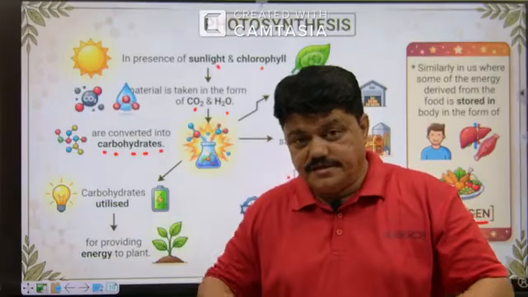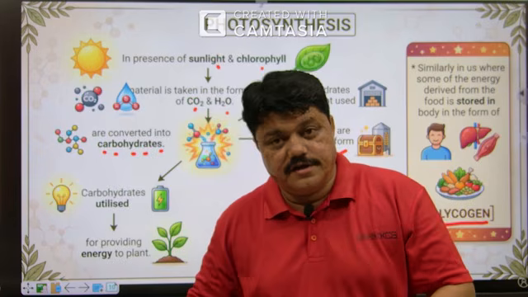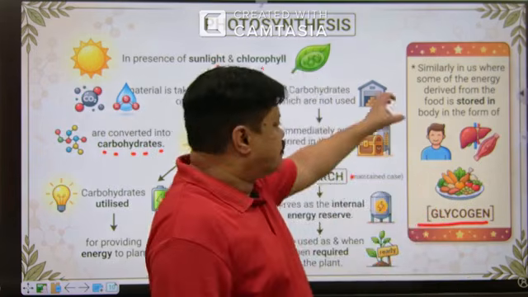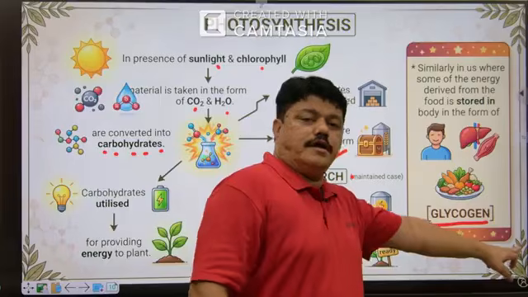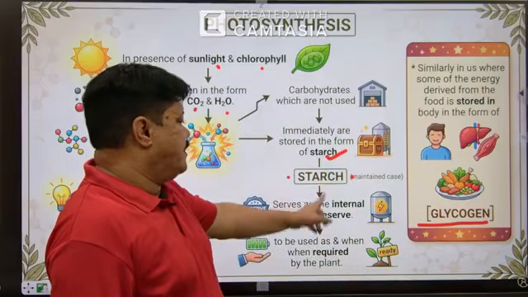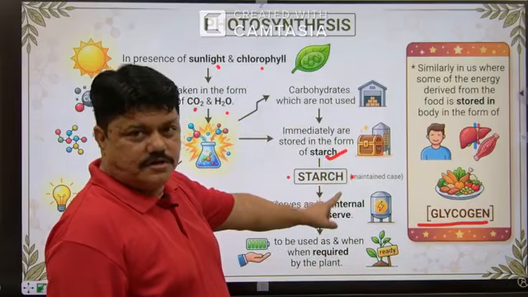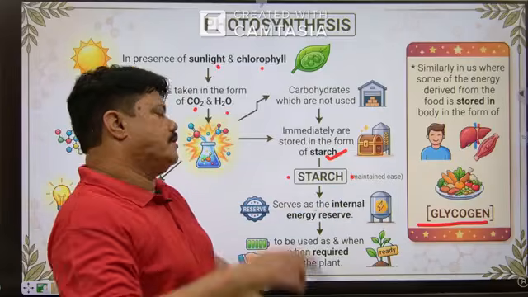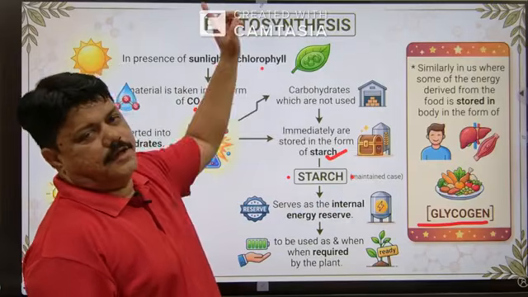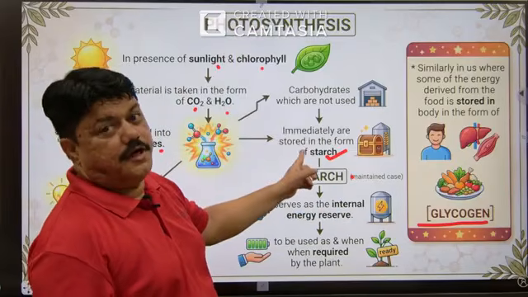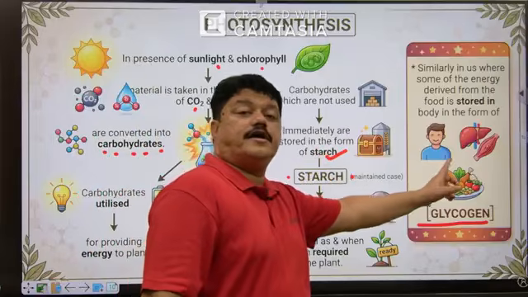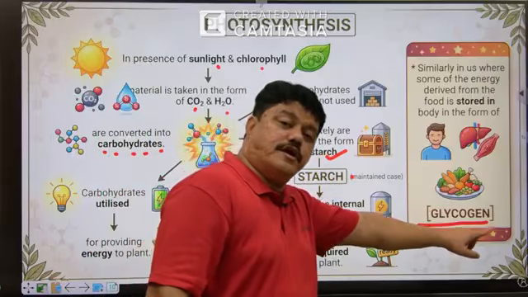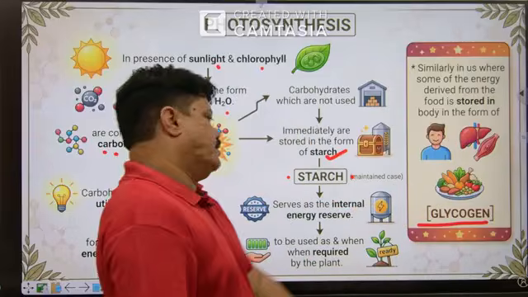The excess glucose present in our body is stored in the form of insoluble glycogen, and the plant stored material is called starch. Again, important for foundation and NEET: in plants, carbohydrate is stored in the form of starch, and in animals, it is stored in the form of glycogen.